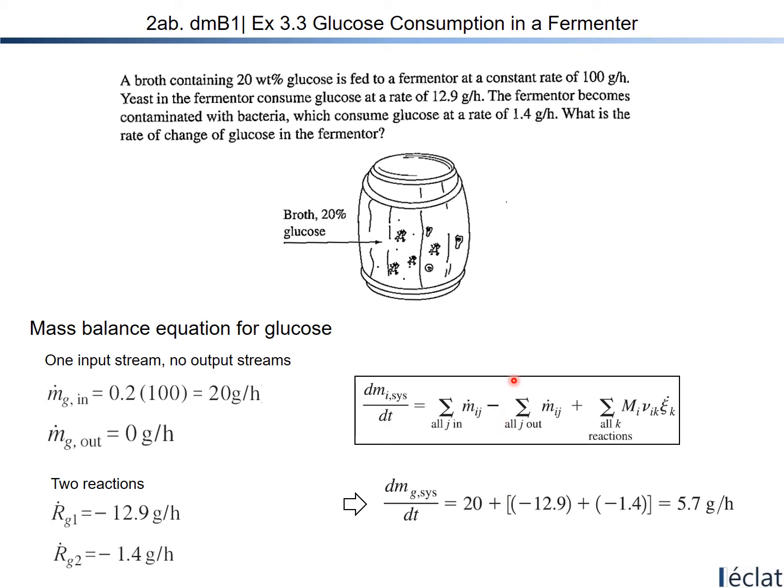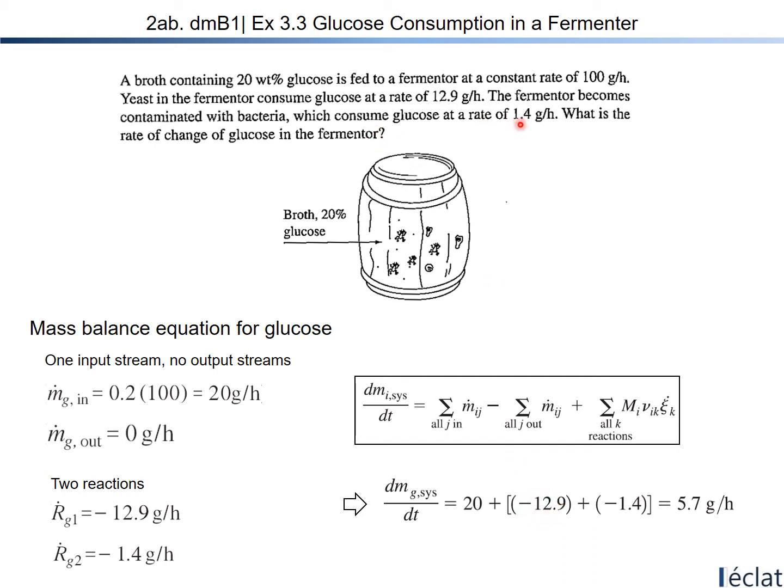plus, minus output, and there is no output there, and plus generation minus consumption. This is the summation of all reactions. Plus 12.9 grams per hour is consumed in terms of glucose. So minus 12.9.